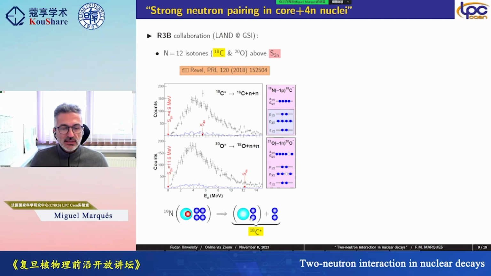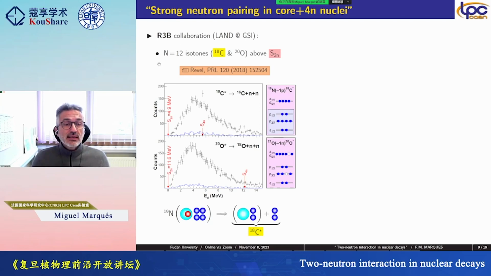So you can see it here. Carbon-14 plus 4 neutrons. So at that point, we had 2 neutron data. So we had the decay of carbon-18 into carbon-16 plus 2. So what you have is these 4 neutron correlations, but what you are going to detect is a carbon-16 and only 2 of them.